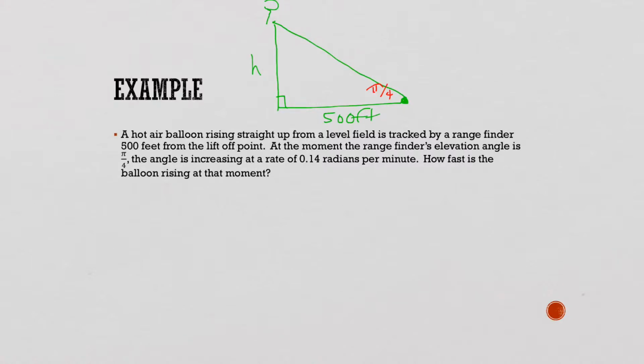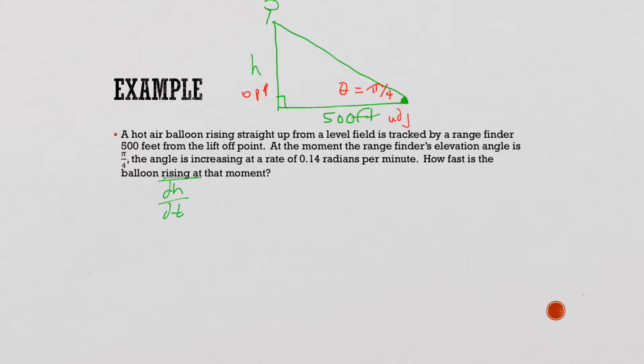Well, we want to know how fast the balloon is rising. So we're actually looking for dh/dt, because that's our rate of change of the height. We know that theta is currently pi over 4. We know that we have a right triangle, so we could say that this is my opposite side, and this is my adjacent side.